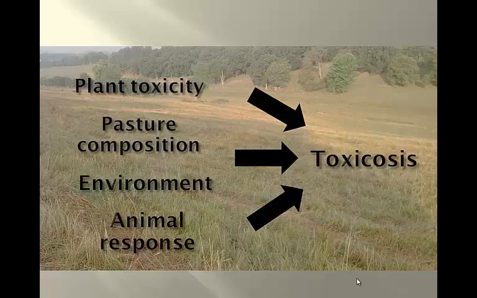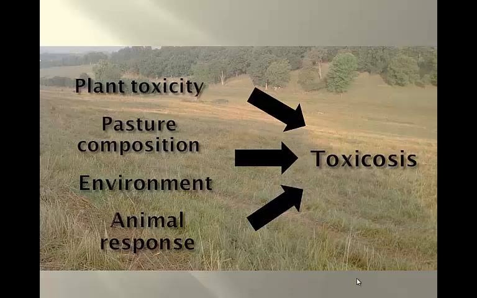And that's all just one piece of the puzzle. You look at the toxicity of a pasture, and that alone will not likely cause toxicosis problems. There's also, what's the environment? Is it hot enough to cause those summer syndrome problems? Is it cold enough to cause fescue foot problems?